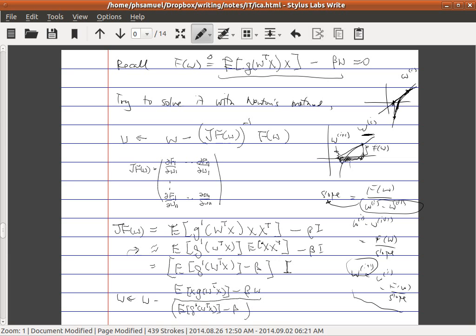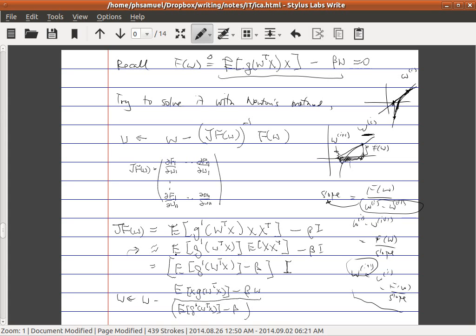So if we accept this, then things get simplified quite a lot. As x is centered and whitened, the expectation of xx transpose is just equal to the identity matrix, and therefore we can pull this out.